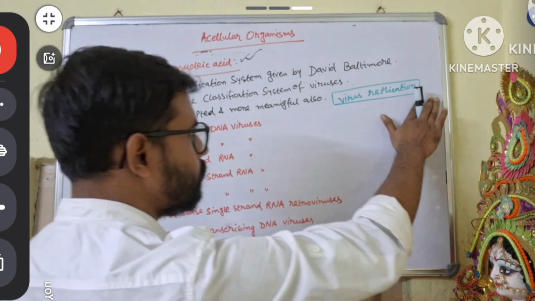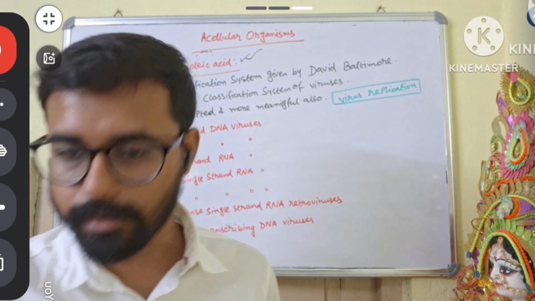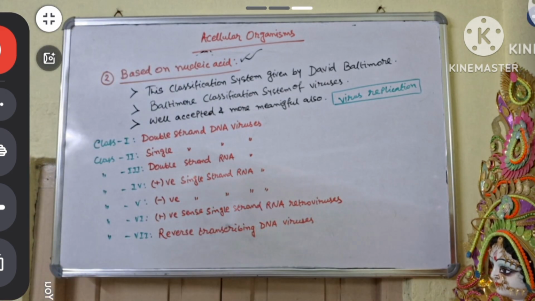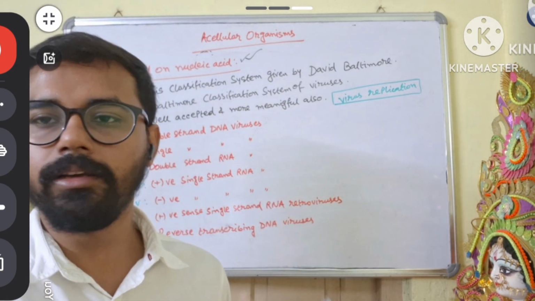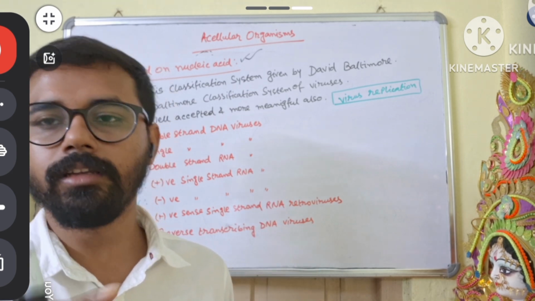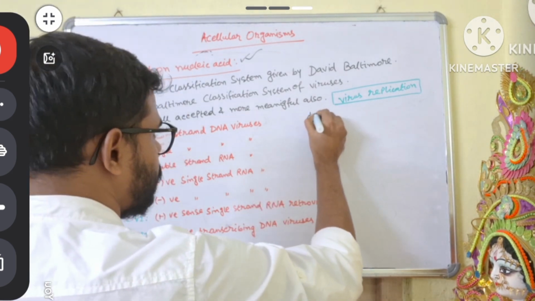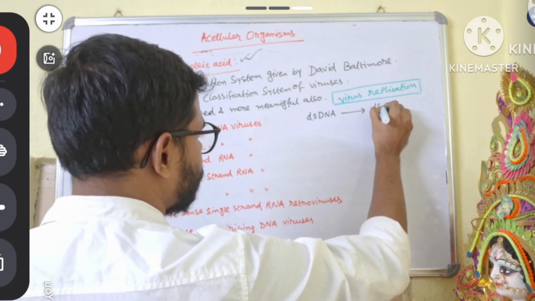That's why the next column is given. How does each of the classes replicate? Simple strategy. Class 1 is a double strand DNA virus. It mimics the normal mammal's DNA, or any kind of organism's double strand DNA. That means it replicates by double strand DNA converting into another molecule of double strand DNA.